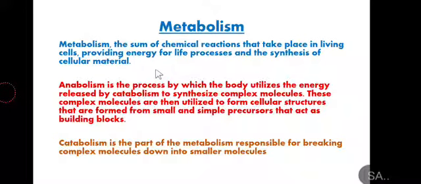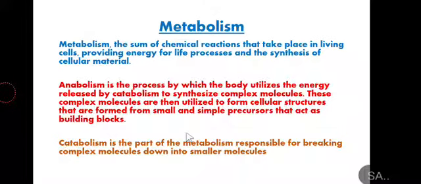If you look at these metabolic reactions, then there are two types. First is the anabolic reaction, which are contributing to anabolism, formation of something, while other sort of chemical reactions are catabolic reactions that are contributing to catabolism, in which something is splitting. So first we'll talk about the anabolism. It is a process by which the living body is actually utilizing the energy to form the bigger molecules with the help of the smaller molecules that are available.